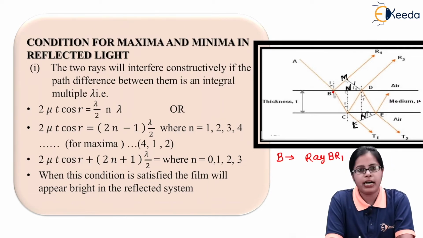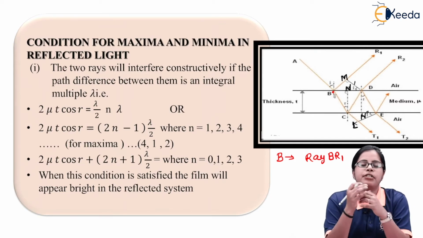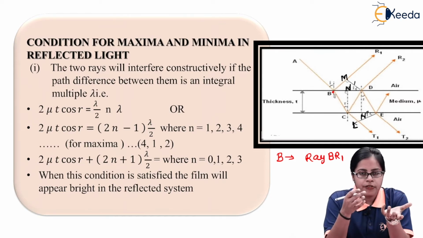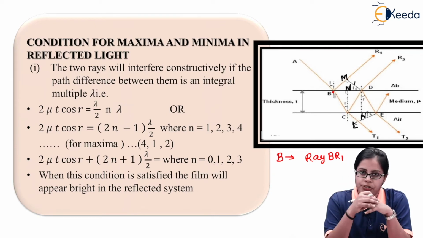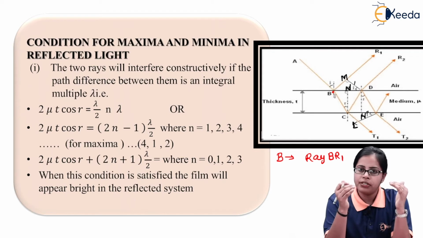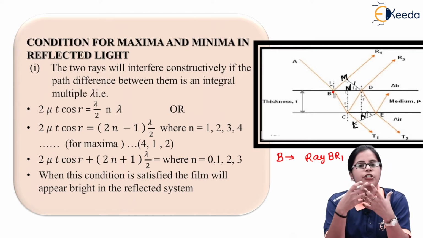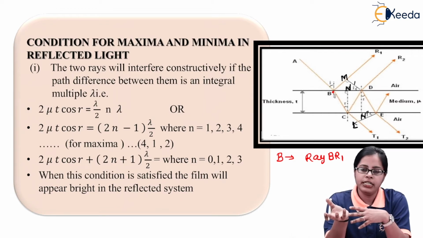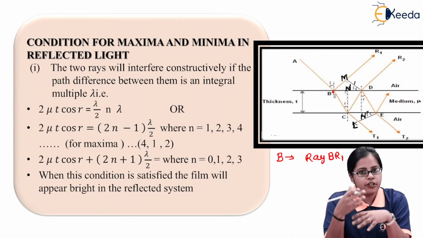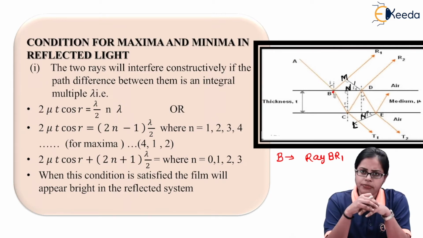If I get this ray BR1, what is happening at B, I have to determine whether it is a hard reflection or whether it is a soft reflection. So the condition for hard and soft is that whenever the ray is incident on a higher refractive index medium, it is going to result into hard reflection, giving me phase change of pi and path difference of lambda by 2.